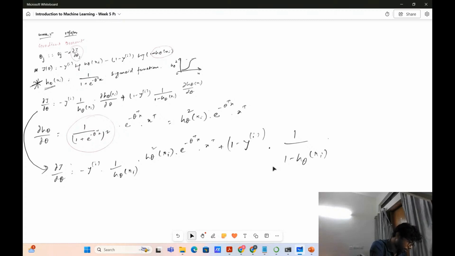So that is h theta square, e to the power minus theta transpose x times x transpose.